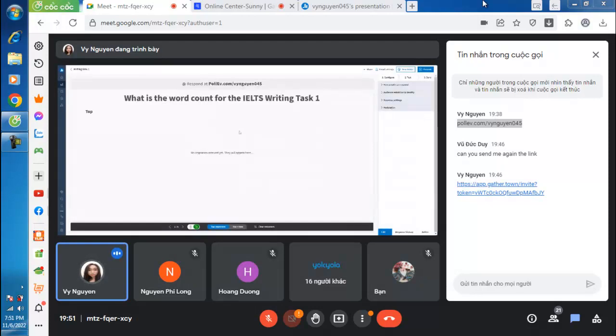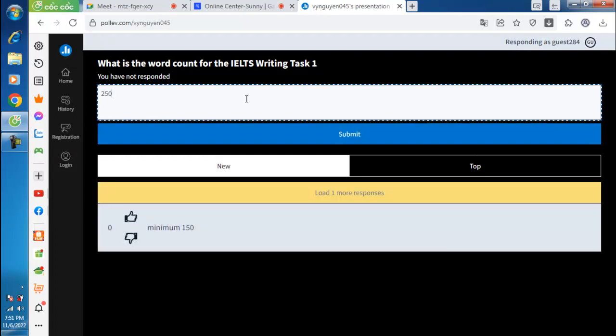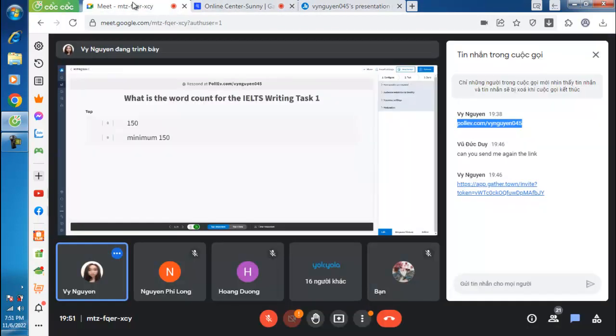What is the word count for the IELTS writing test 1? Minimum. So minimum 150, right?